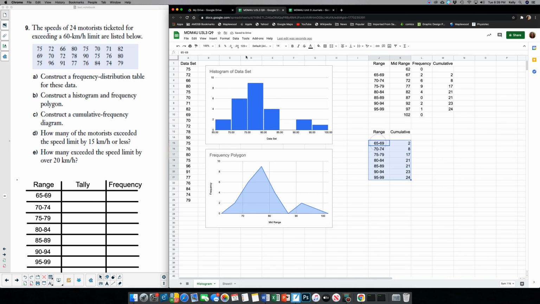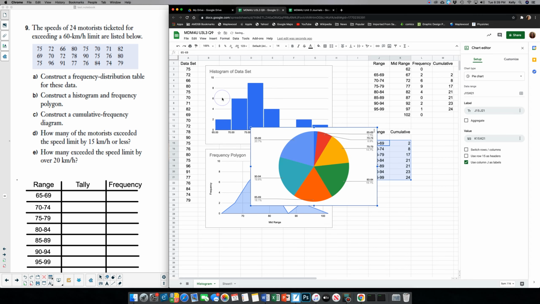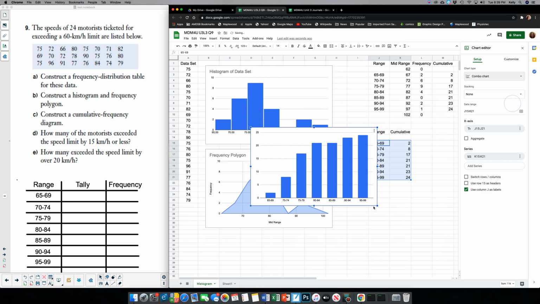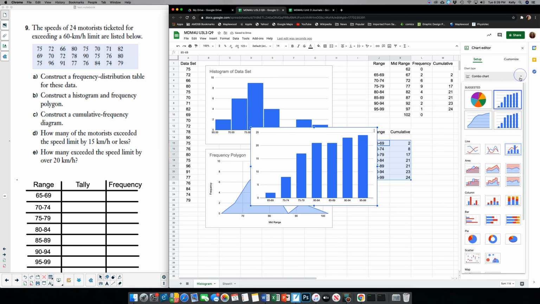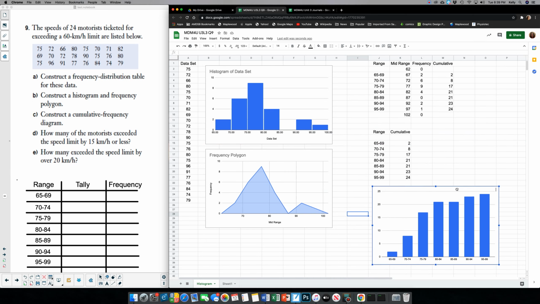And now we're going to go insert chart. And it chose to give me a pie chart for some unknown reason. So we're going to switch it up and do a cumulative frequency graph. And you can put all your labels on it if you want. I'm not going to bother doing that right now.